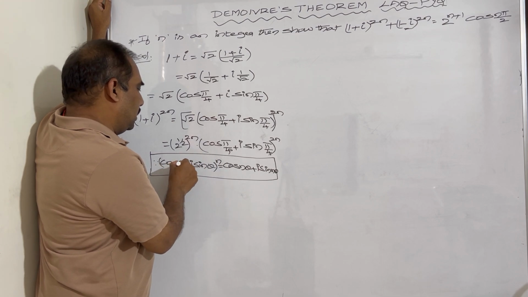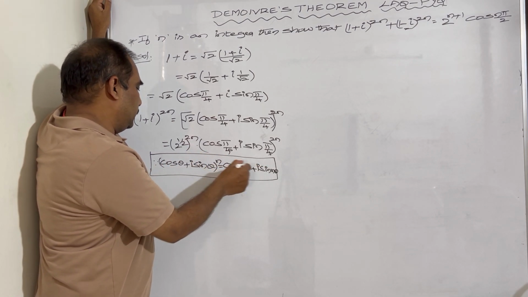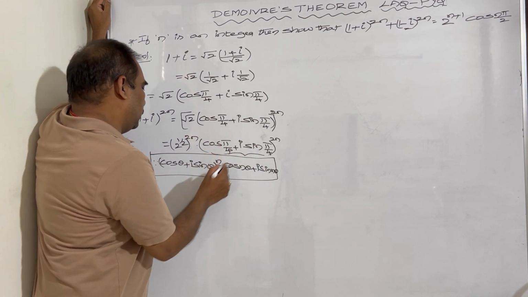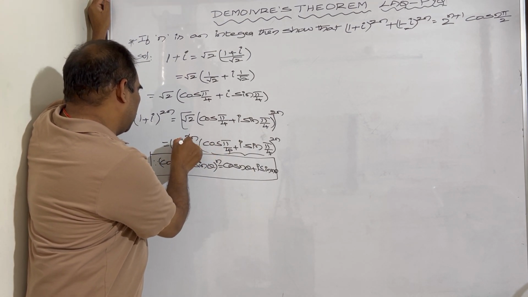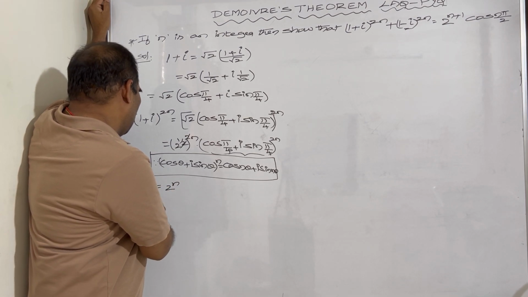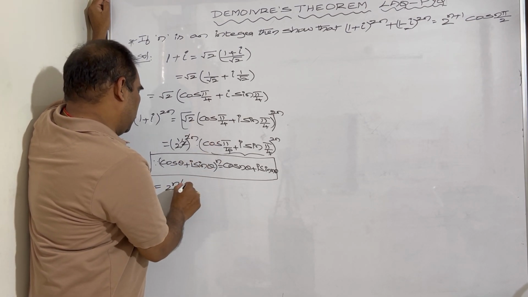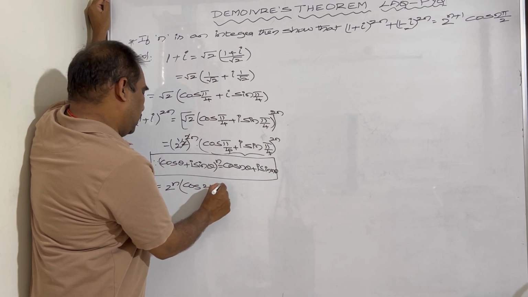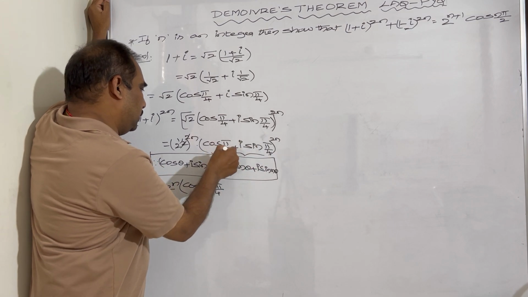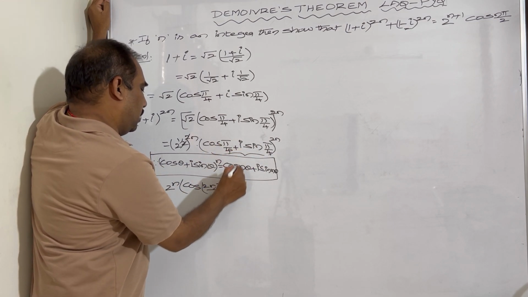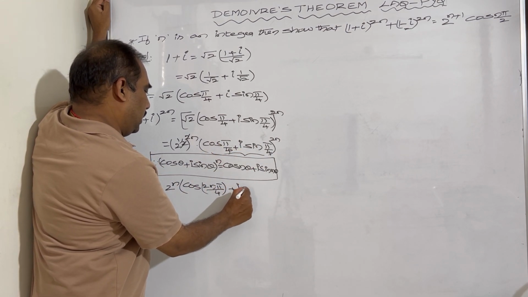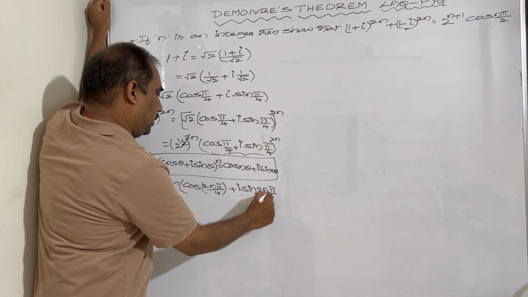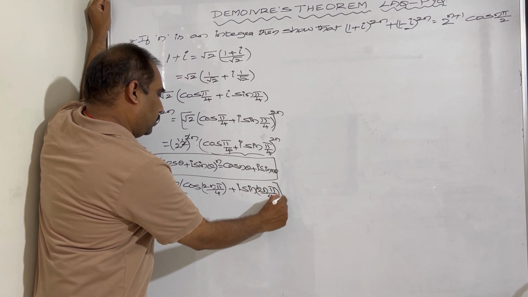Similarly, for this, if you apply De Moivre's theorem, we get 2 to the power of n into cos(2n π/4) plus i sin(2n π/4).